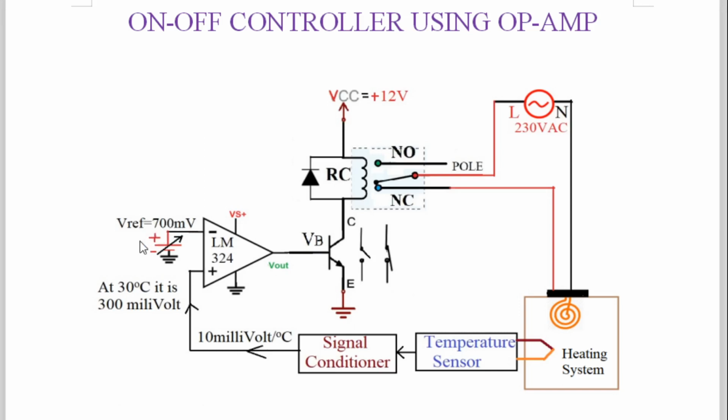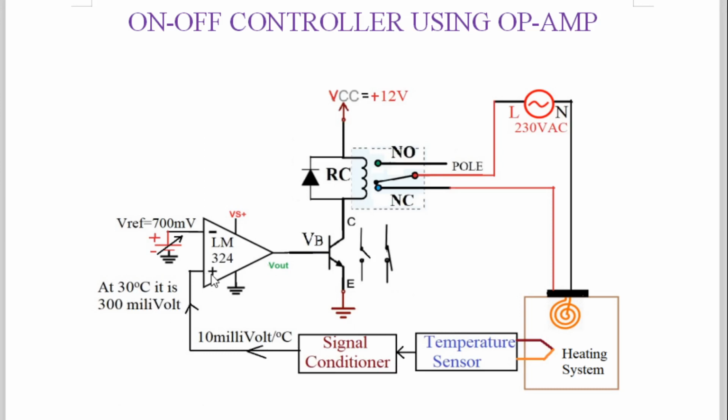It means you have set the point at 70 degrees centigrade, because when the chamber's temperature crosses 70 degrees centigrade, say 71 degrees centigrade, this output will not be 300 millivolt but 710 millivolt, because the rate of change of output voltage is 10 millivolt per degree centigrade.